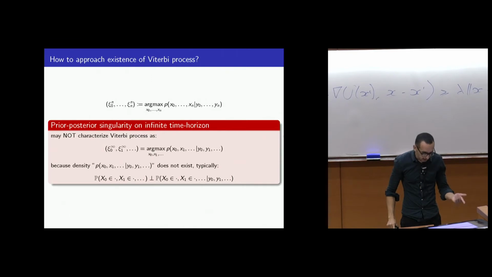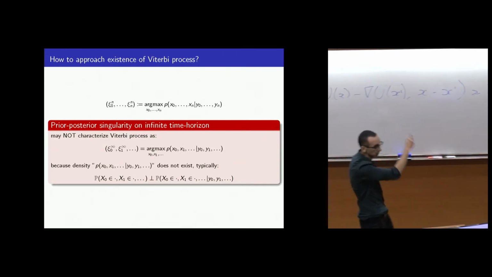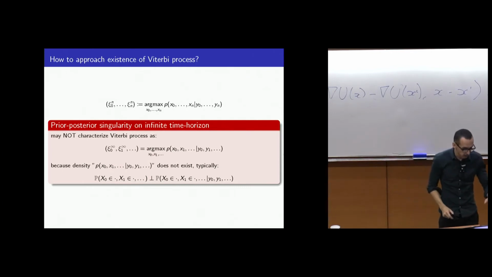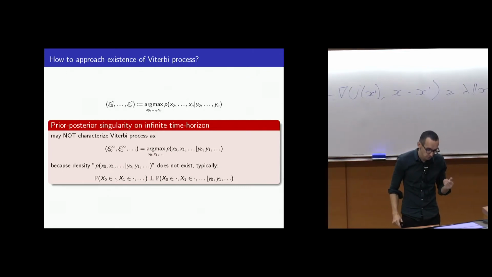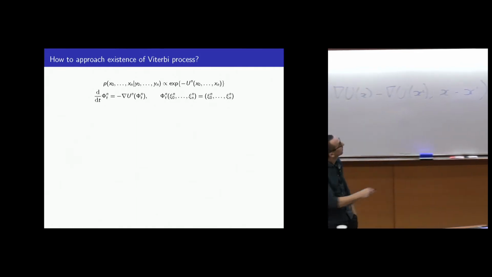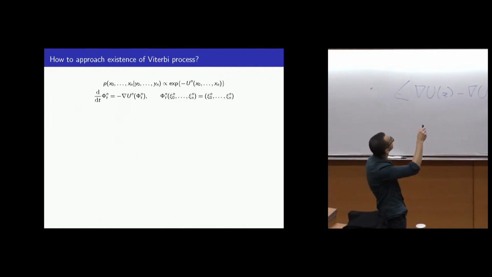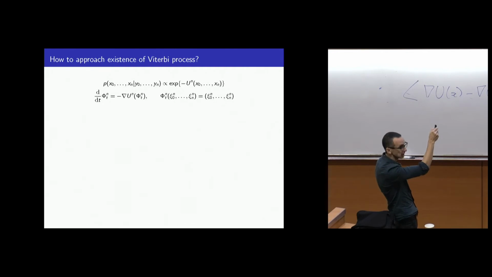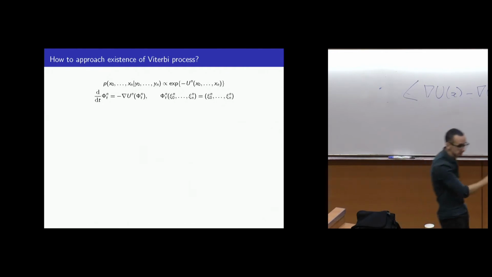But from a slightly different perspective on this optimization problem, you can find something which is not pathological. Okay, so now I introduce the gradient ODE associated with the smoothing density.